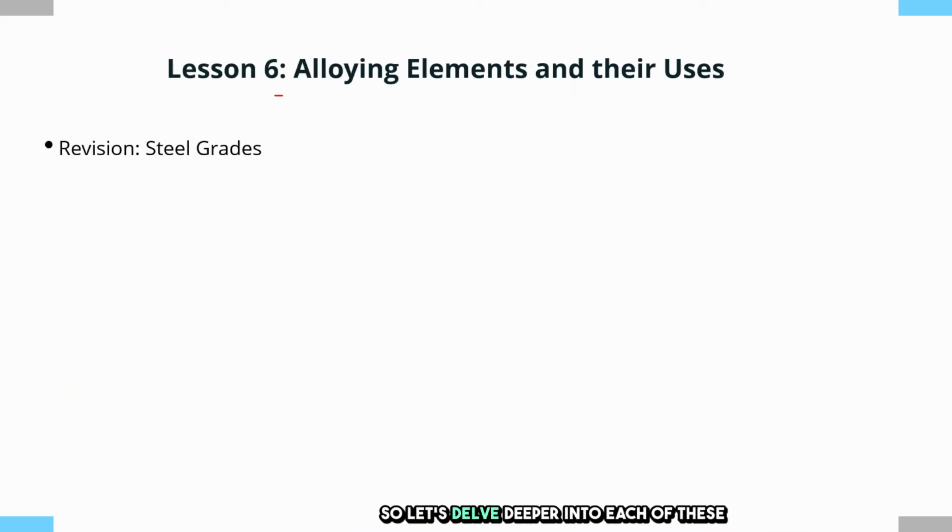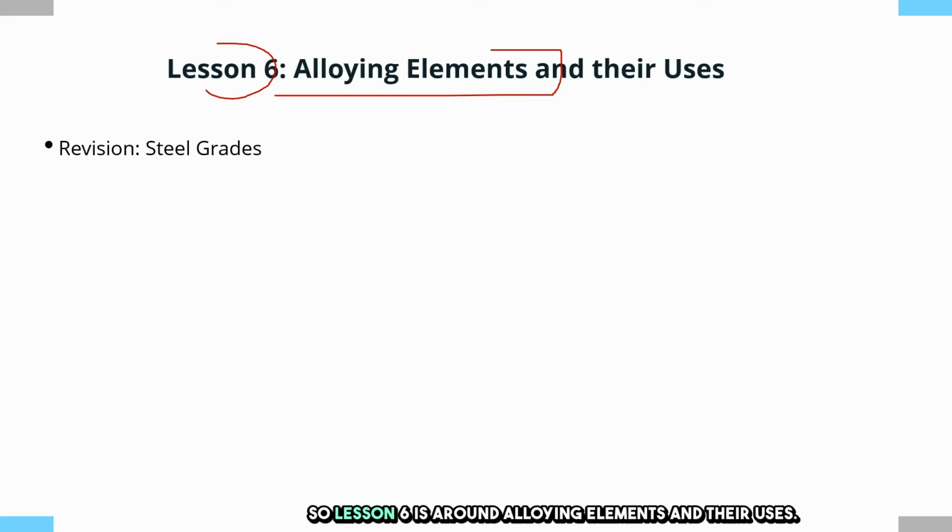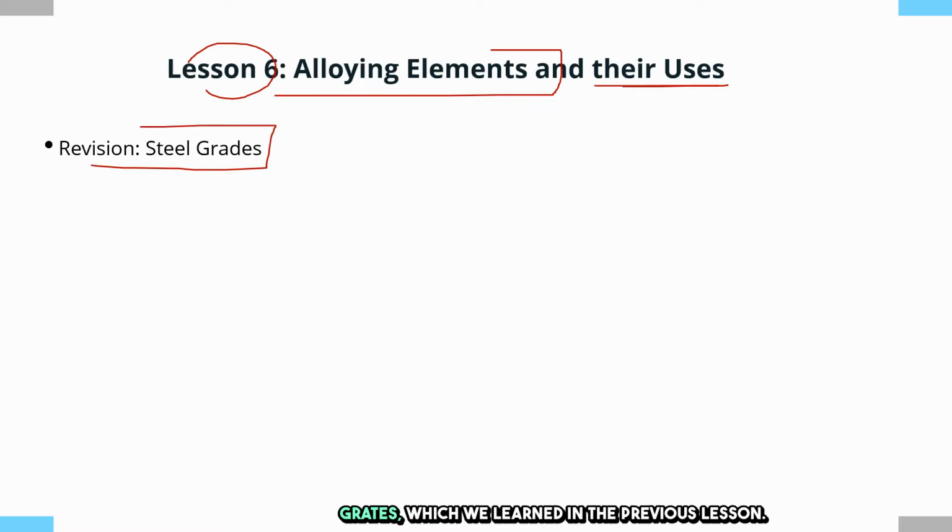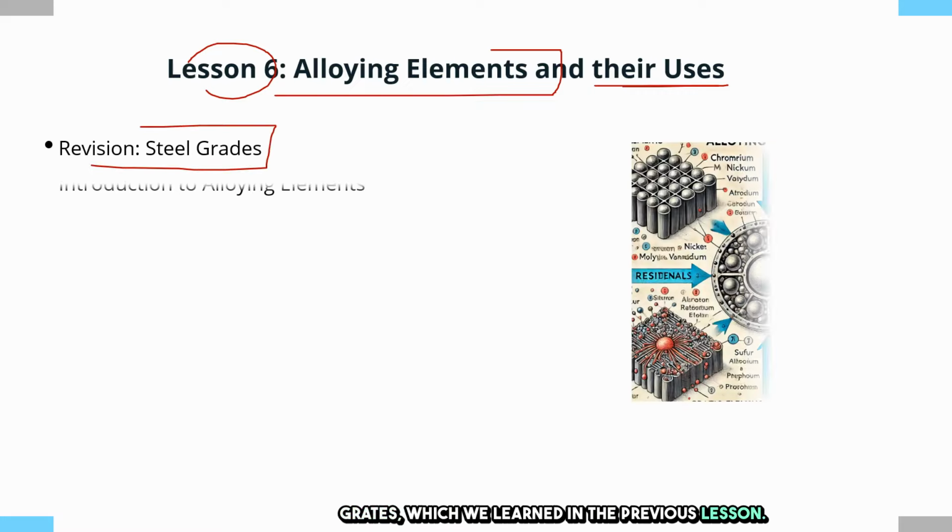So let's delve deeper into each of these modules and try to understand what we aim to achieve from each of them. Lesson 6 is around alloying elements and their uses. As standard, we do a revision of steel grades, which we learned in the previous lesson.